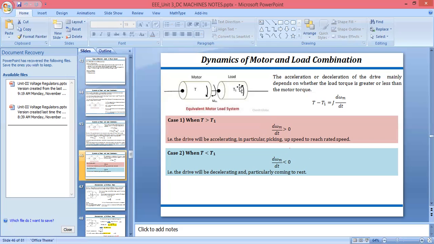You will get the equation tau minus tau 1 equal to J d omega m upon dt, where omega m is the angular speed of the motor and J is the moment of inertia. If the torque is greater than the load torque, the driver will be accelerating, and if it is less than the load torque, the driver is not accelerating, it is decelerating.